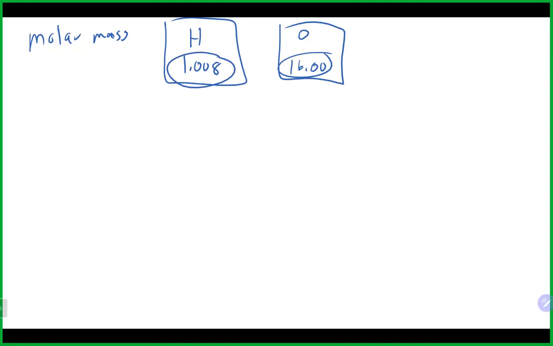Molar mass has units of grams per mole, and you could think of molar mass like a conversion factor as well. You could use it as grams per mole, or you could also use it as moles per gram.